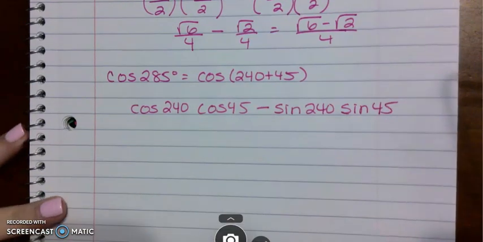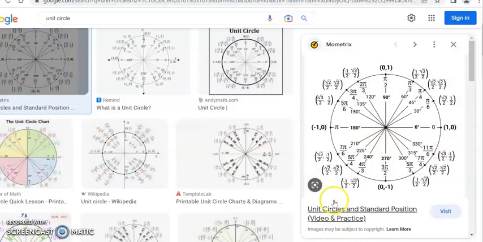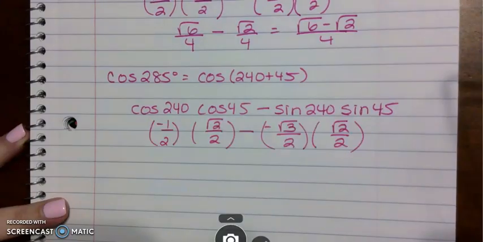Okay, so I'm going to go back to my unit circle. Oop, that was not my unit circle. Cosine of 240. Where's 240? Cosine is negative 1/2. Cosine of 45, square root 2 over 2, minus, what's sine of 240? Negative square root of 3 over 2, and square root 2 over 2 for sine of 45.